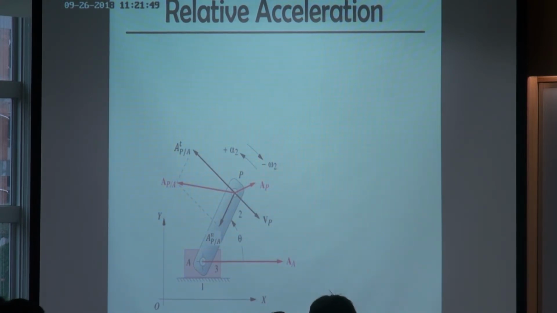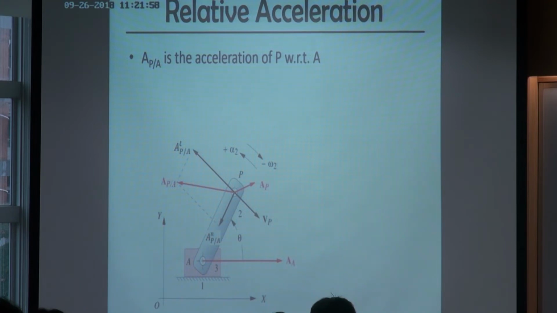Suppose we have two links connected together, and we are trying to define the acceleration of point P. Take a look at PA first. A is on a slider, so it can move in the horizontal direction. PA is a bar connecting to the slider, but the length of PA is not going to change.